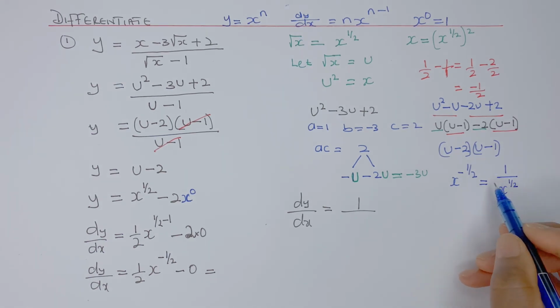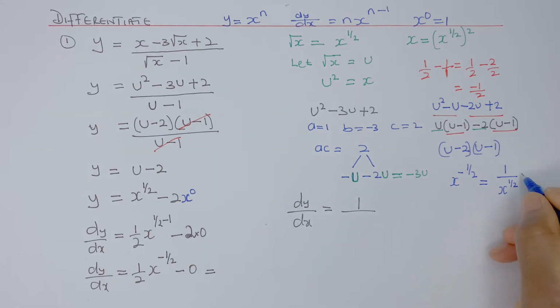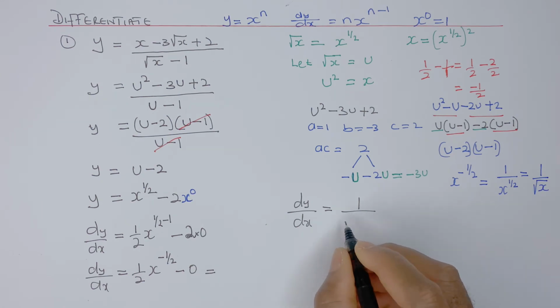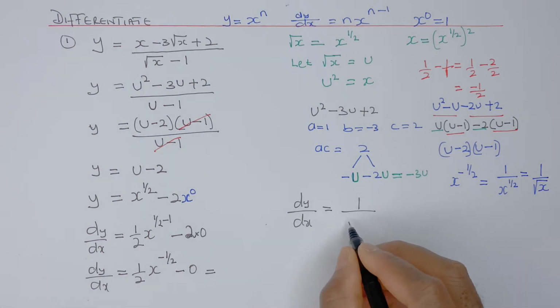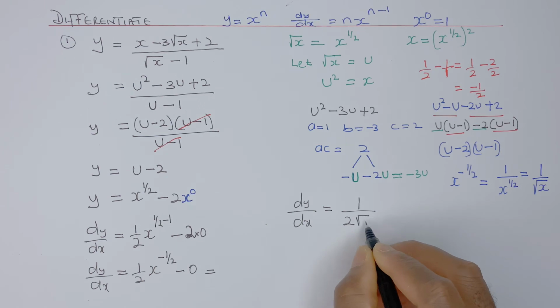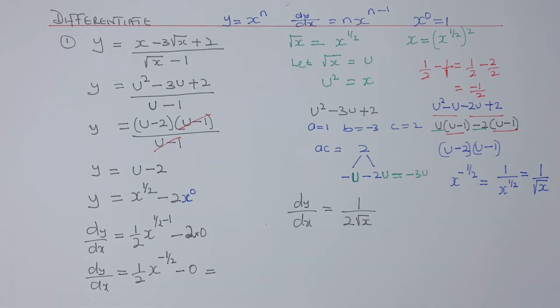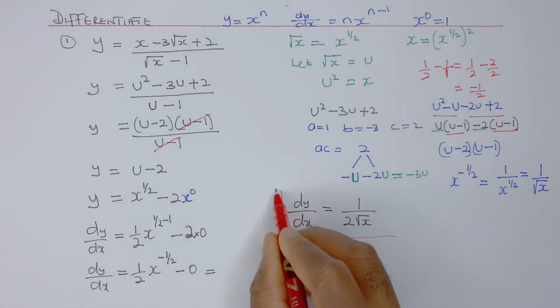As positive power, negative power, we tend to swap them. And that will be 1 over root of x. So that's what we're going to get here. In the denominator, we already got 2, so that would be 2 root of x. And that is the derivative.